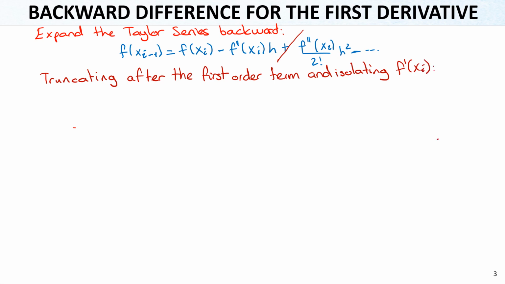If we isolate f'(x_i), the result is like this. f'(x_i) is equivalent to f(x_i) minus f(x_{i-1}) divided by h, and also there is the remainder term R_1, which gives us, in short, delta f_i.